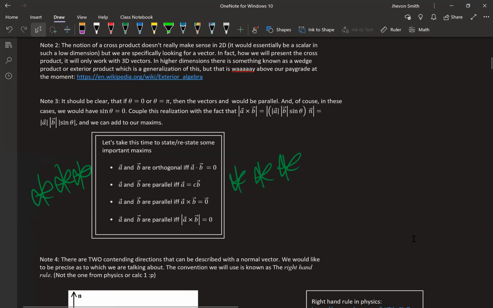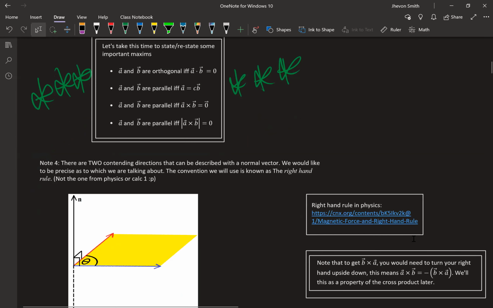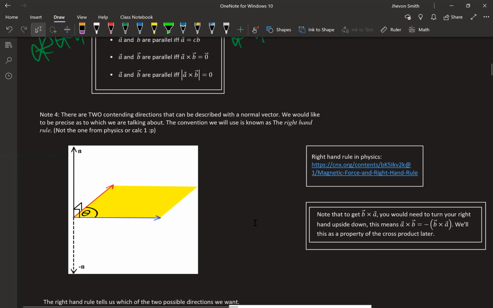Muy importante. All right. Now, another thing you would notice is that there are two possible candidates for the role of the cross product. So if I have a vector A here and a vector B over here, there are actually two vectors that I could think about that would be perpendicular to both, aka orthogonal to both, and have the magnitude of the area of the parallelogram.